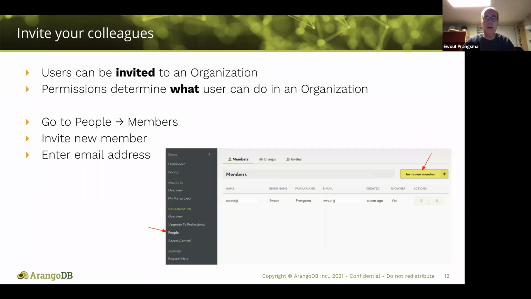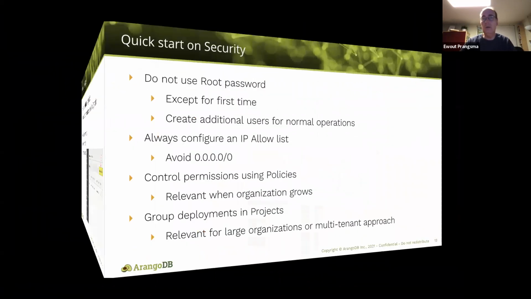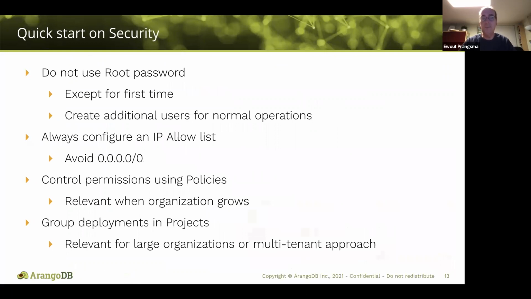It goes too far in getting started to really talk about the details of the permission system, but just rest assured, it's there, you can configure it, and you can do a lot with it. There's not a real limit of how many colleagues you can invite. We see some organizations have a large number of users, some have just one or two. It's anywhere you choose.